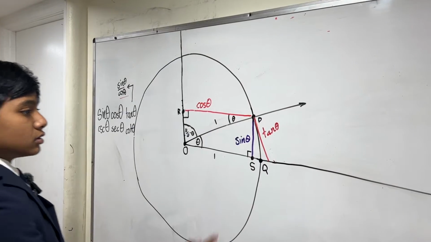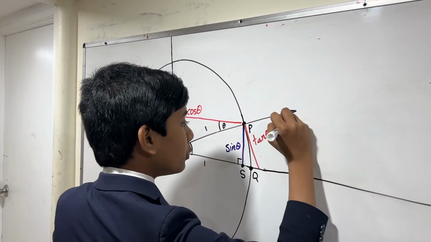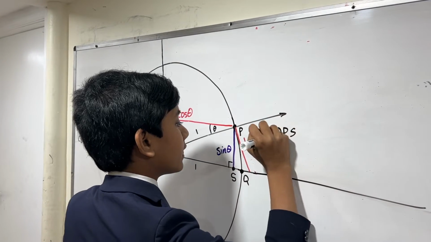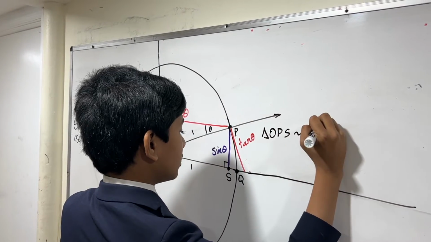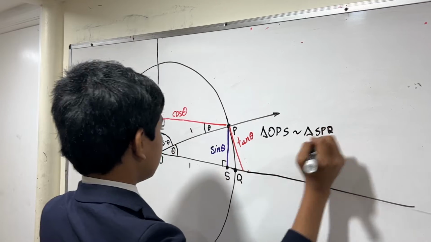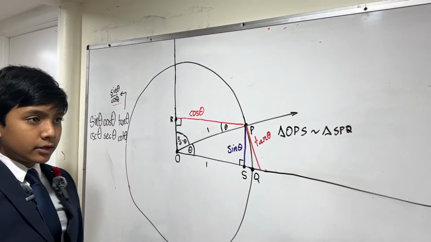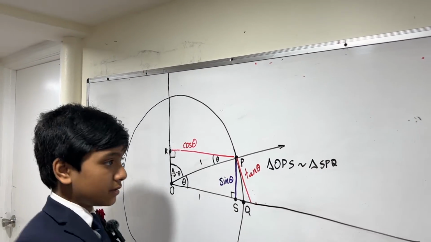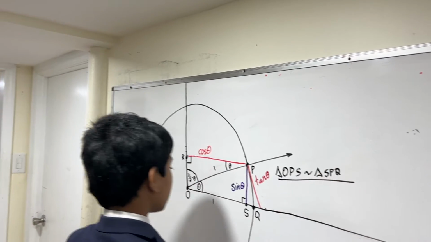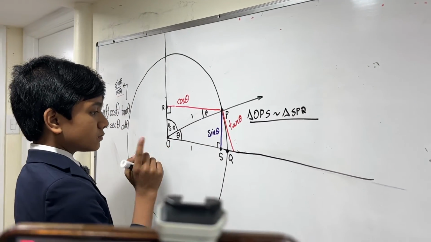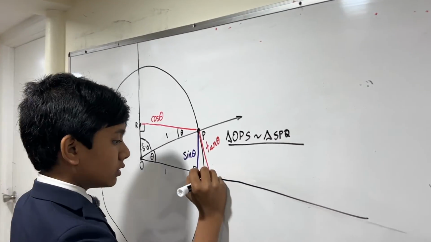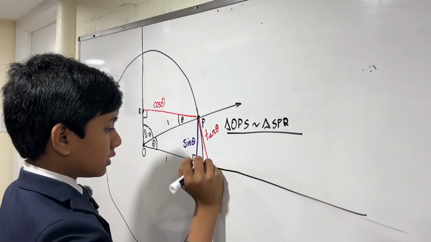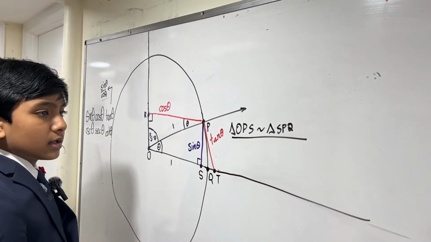I'm going to show the result that OPS is similar to SPQ. So, how can I do that? Well, good question. What we are going to do is, I should probably put a new thing, T, okay.